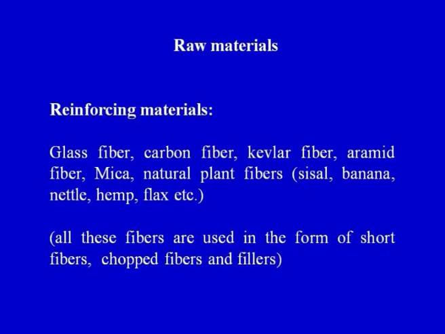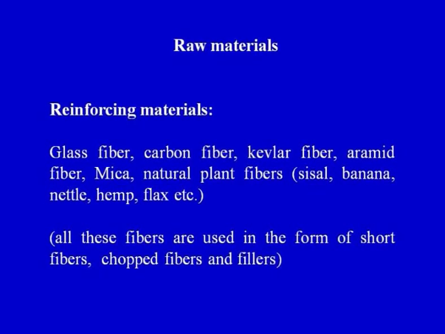Similarly, the cost of the mold or the cost of the machine is only justified when the volume of production is large. Volume of production large means that a large number of components are being made of the same product design, because the mold is fixed, the machine is fixed, and if we have a large volume of production, we would be able to justify the cost of the mold and the cost of the machine.